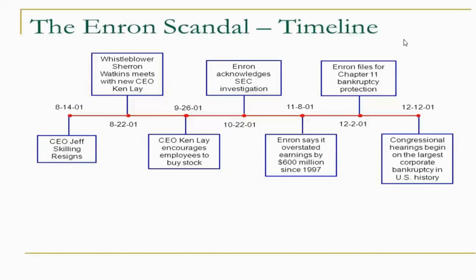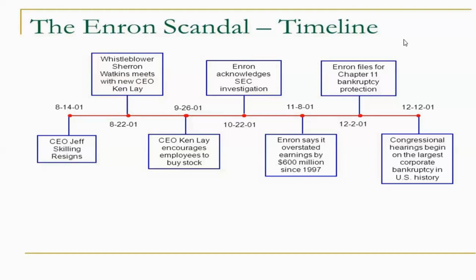So this is the timeline of Enron. We can see CEO Jeff Skilling resigns. This scandal was brought out after 2000, in 2001. From 2001, we had all the drama. First, CEO Jeff Skilling resigns.